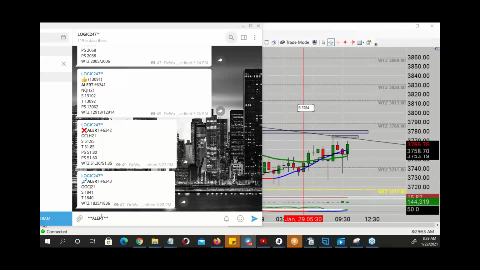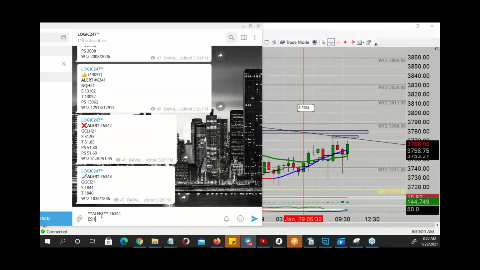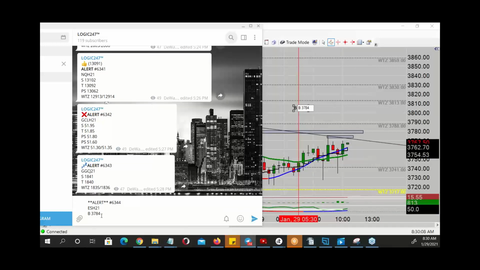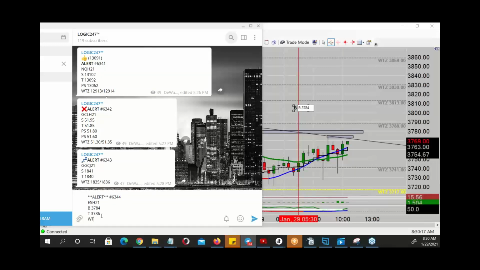This will be alert number 6,344 for the yes. Looking to buy 3784. Initial target 3786. And then the final trade target will be the weekly trading zone overhead at 3788/3789.